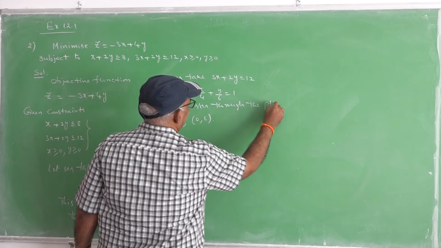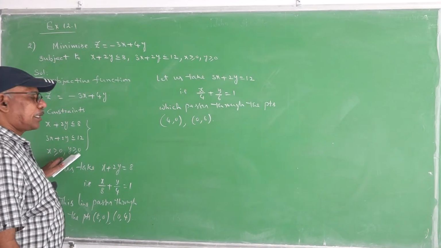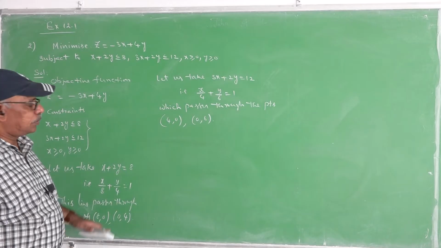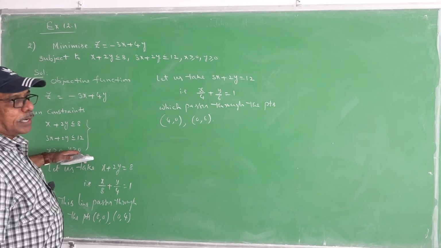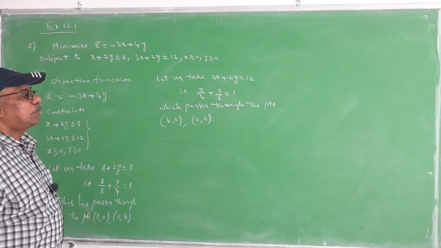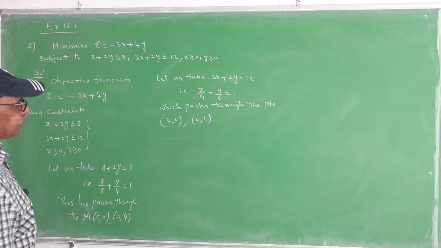X greater than or equal to 0 means right of the y axis. Y greater than or equal to 0 means above the x axis. So, those are clearly the non-negative constraints.